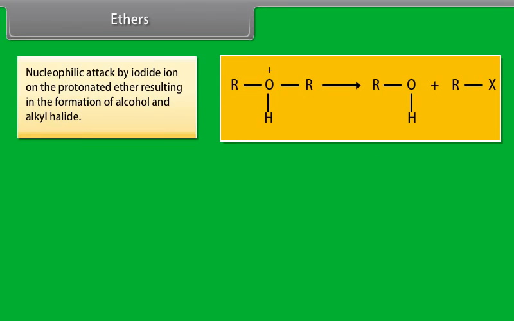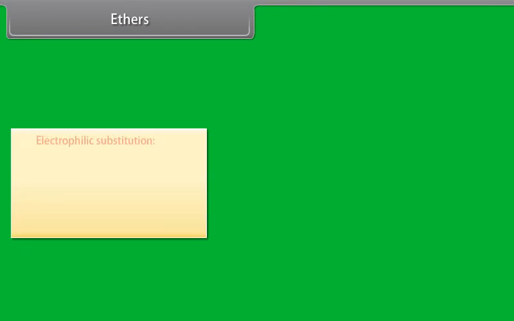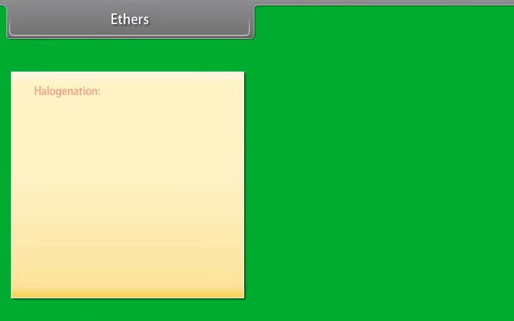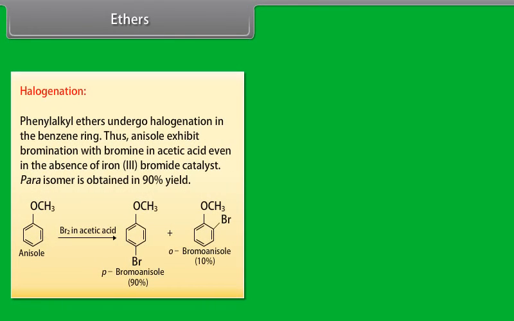Chemical reactions. Cleavage of the C-O bond in ethers. Ethers can be cleaved by using hydroiodic acid or hydrobromic acid to give alkyl halide and alcohol. Hydroiodic acid reacts with diethyl ether and it forms ethanol and ethyl iodide.